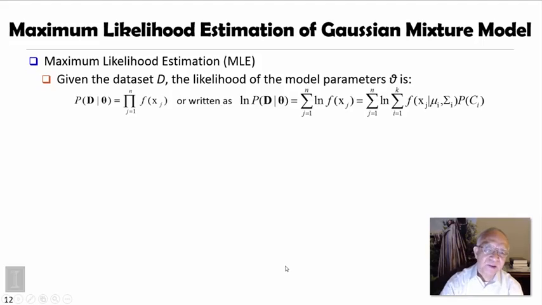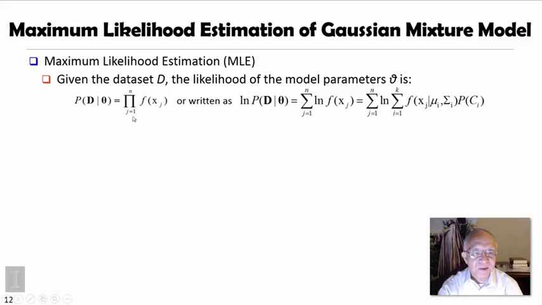Then our task is to get the maximum likelihood estimation of the model parameters. Essentially, given the data set D, what is the probability, under the model parameter theta, that we can generate this whole set D?